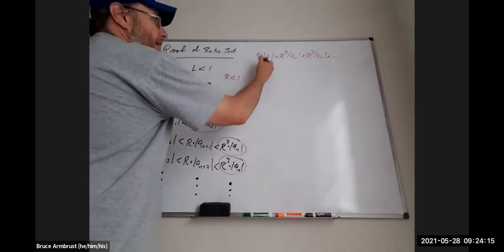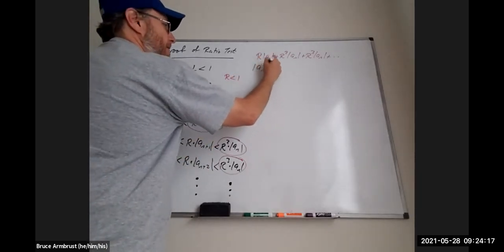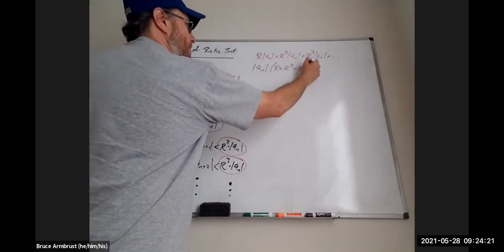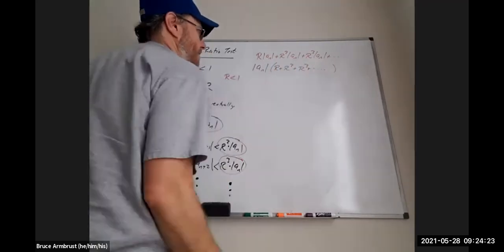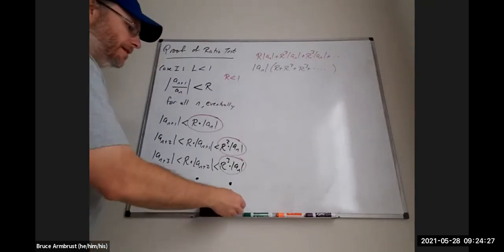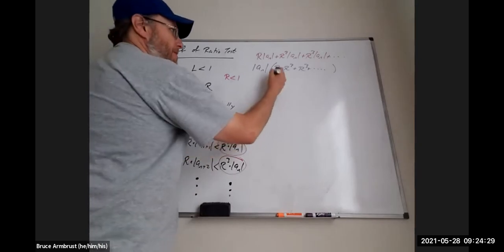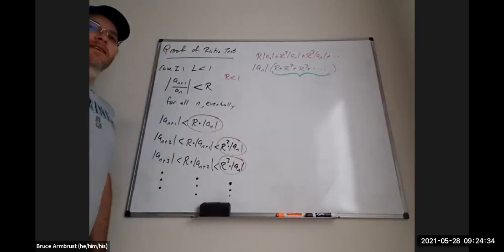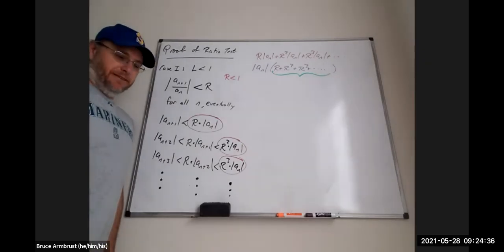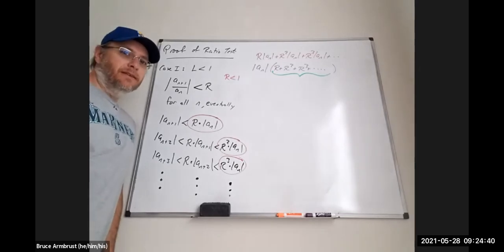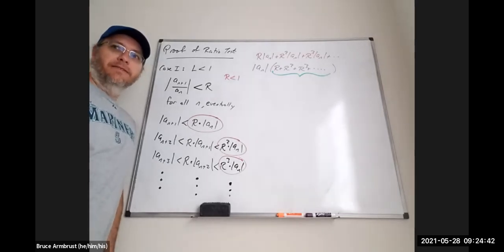I can factor out the a sub n business. And I get R plus R squared plus R cubed plus dot, dot, dot. And just notice what's in the parentheses here. That's an infinite series. What kind? What's the name for that kind of series?